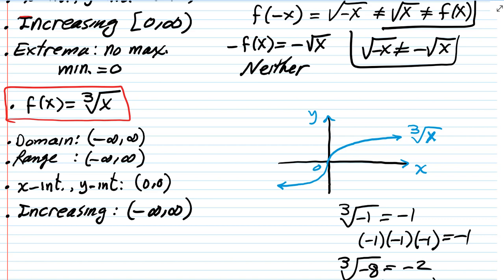And last but not least, the extrema. Well, it's always rising, so there is no max. As x gets smaller, it's always dropping. So there are no extrema of this function.